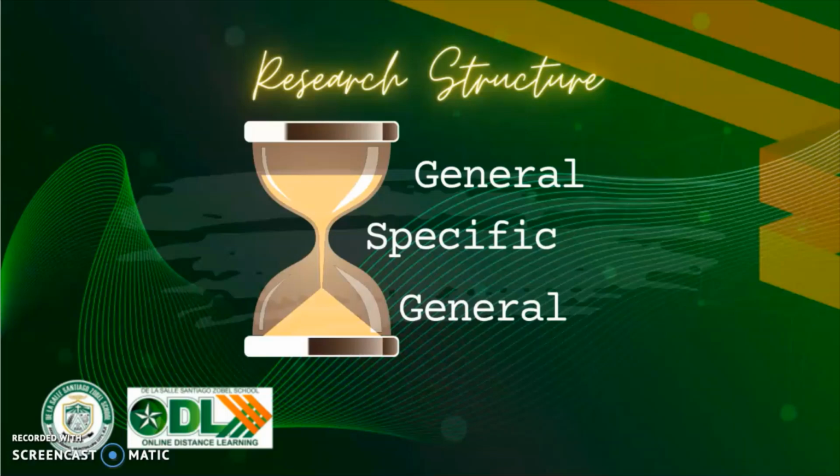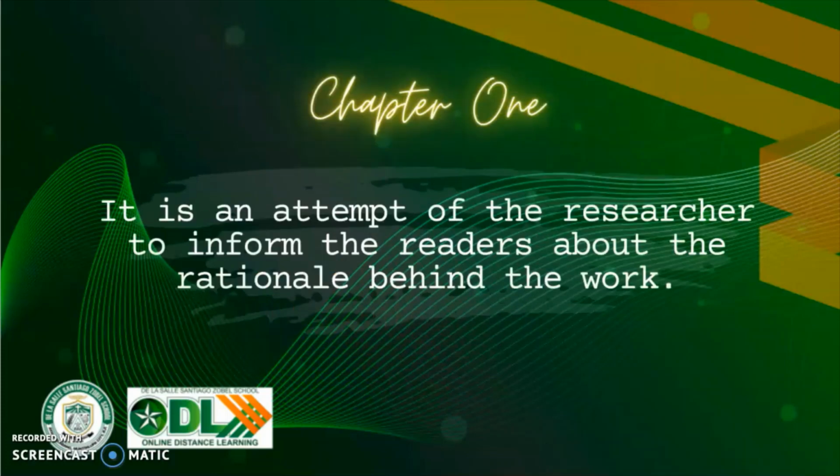Now, before we talk about the different subheadings of chapter 1, let me first give you the utility of the chapter itself. Why do you need to compose a comprehensive and inclusive chapter 1? The first reason is that it is your attempt as researcher to inform the readers about the rationale behind the work.